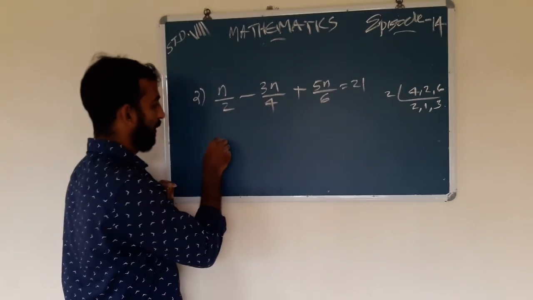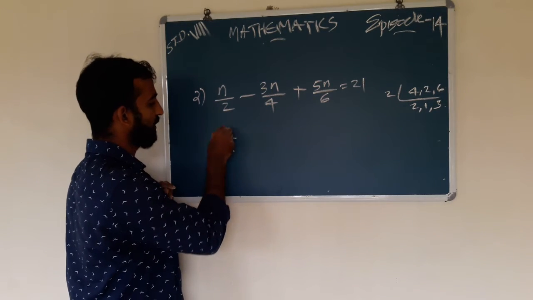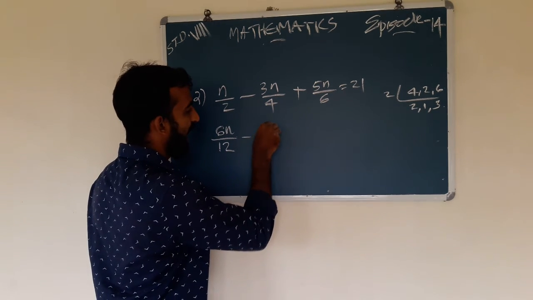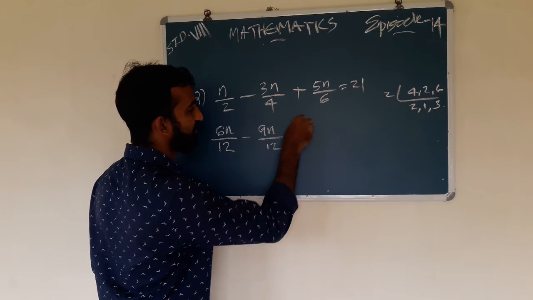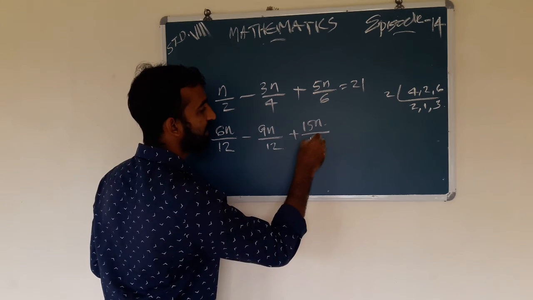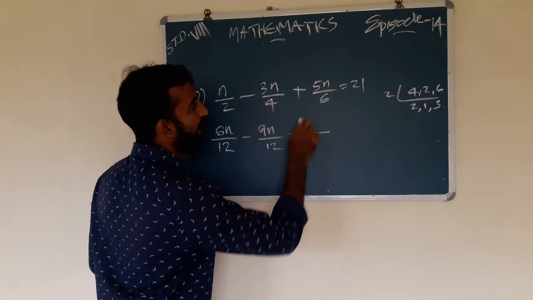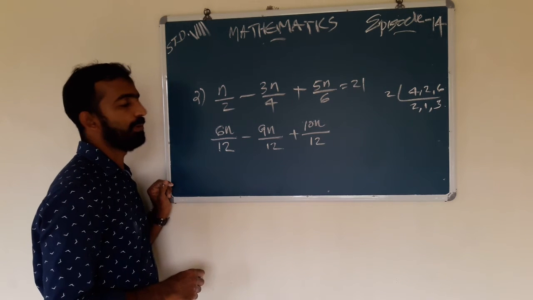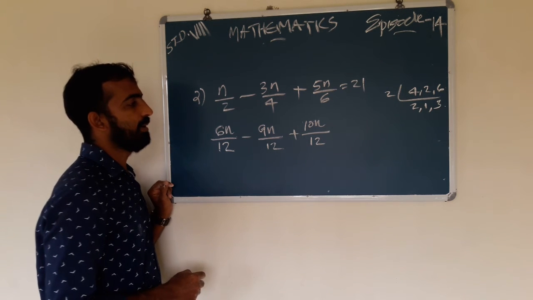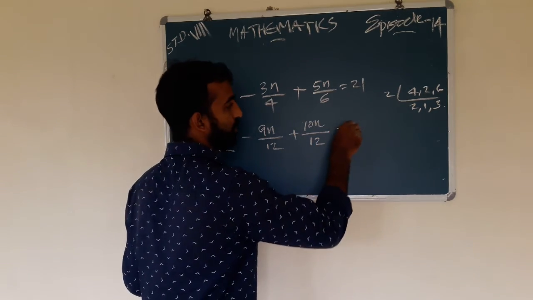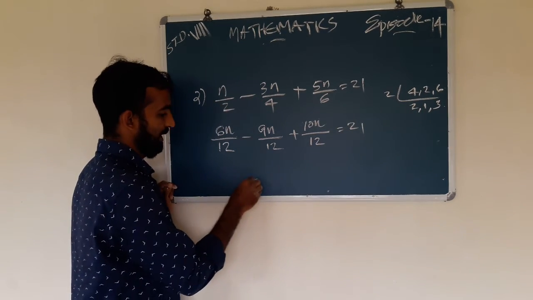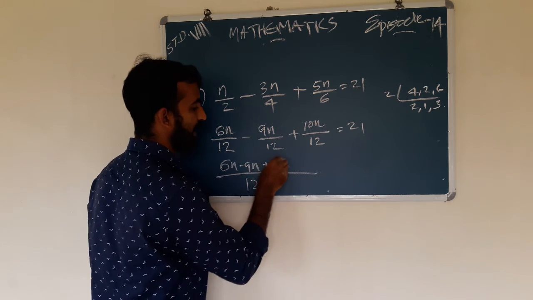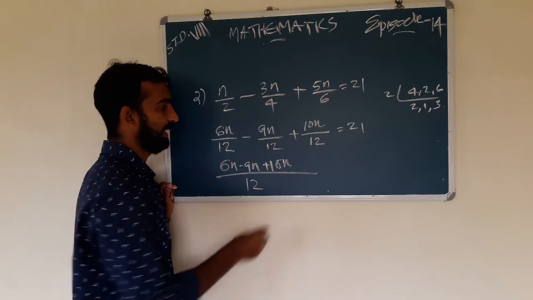That is 12 upon 6n minus 9n plus 10n, equal to 21.